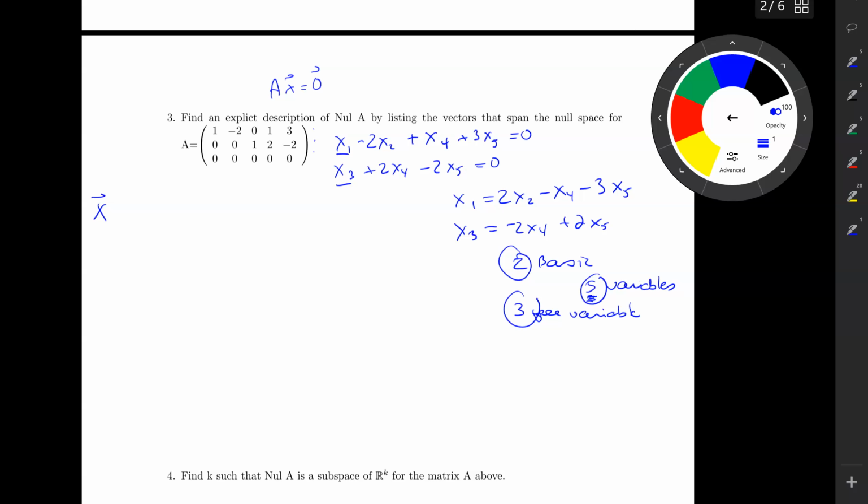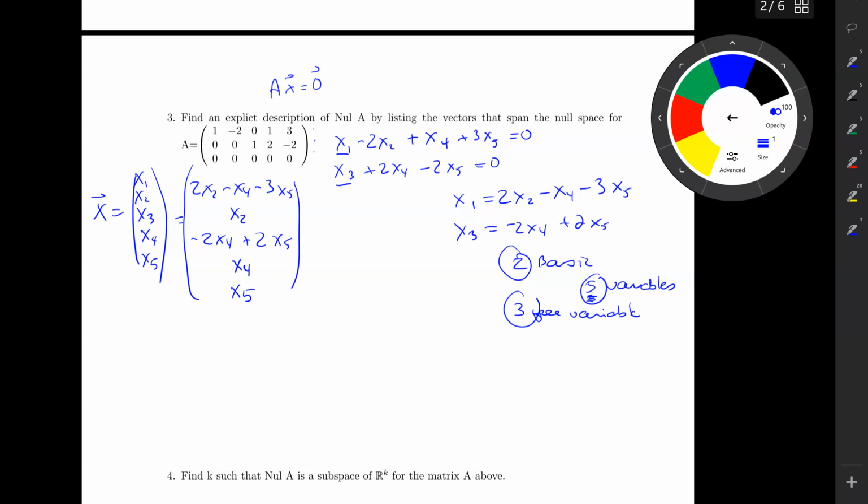Again, I'd always suggest you take the time to write out x1, x2, x3, x4, x5, just so you don't forget a variable. So x1 is 2x2 minus x4 minus 3x5. x2 is itself. x3 is negative 2x4 plus 2x5. x4 is itself, x5 is itself, and there we have it.